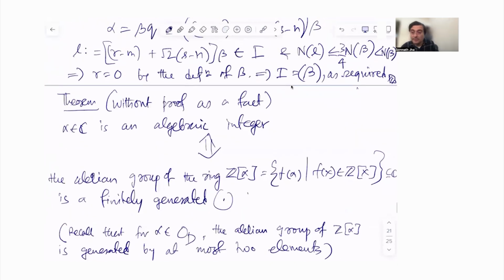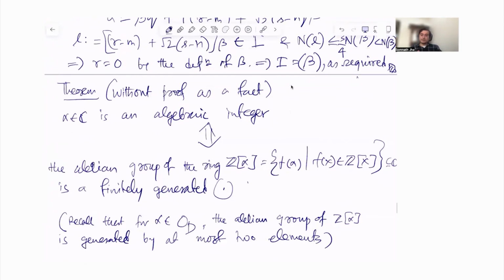For example, alpha might belong to Z, then Z[alpha] is nothing but Z, generated by one element, but in the general case it is generated by at most two elements. Try to convince yourself that this is the case.